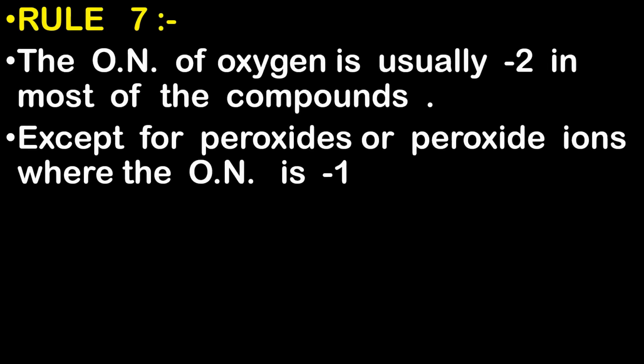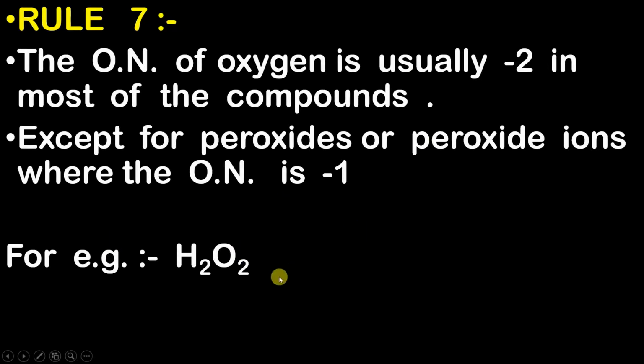So the oxidation number of oxygen is usually minus 2 except for peroxides or peroxide ions, where the oxidation number changes to minus 1. The example of a peroxide is H2O2. Inside this molecule H2O2, both of these oxygen atoms are bonded to each other.